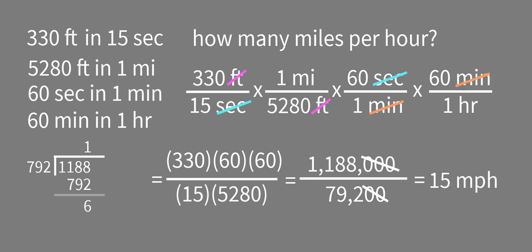So then 18 minus 9 is 9. And then 10 minus 7 is 3. Bring down your 0. And then that is going to end up being 5. 2 times 5 is 10. 9 times 5 is 45, plus 1 is 46. 7 times 5 is 35, plus 4 is 39. And we get the same result either way, 15 miles per hour.